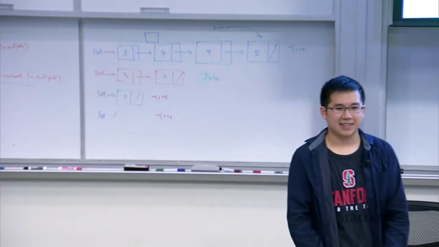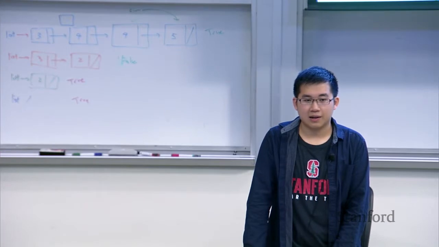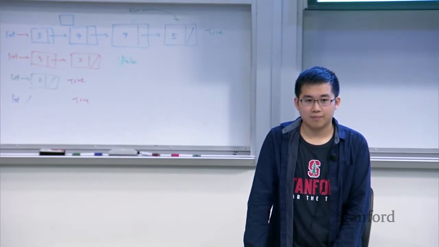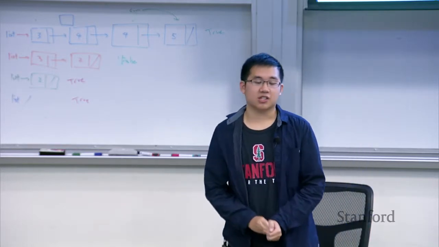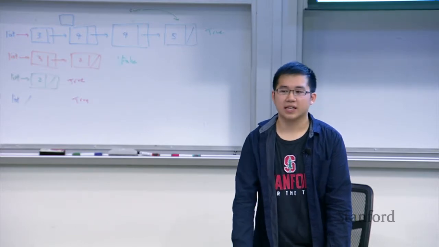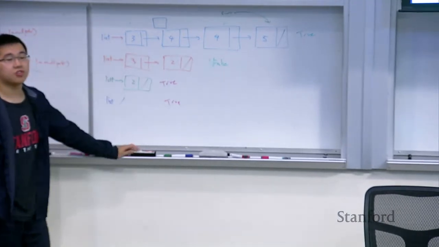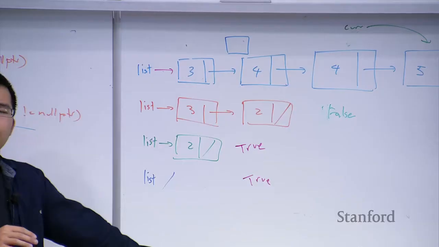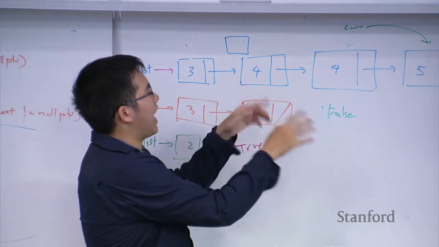Yes, question. What about the case when the input is a null pointer? Yeah, that's a great question. The question was, how do we handle the case when the front pointer is a null pointer? That is definitely one case that you should think about when you're done writing the generic code for what happens in the middle.